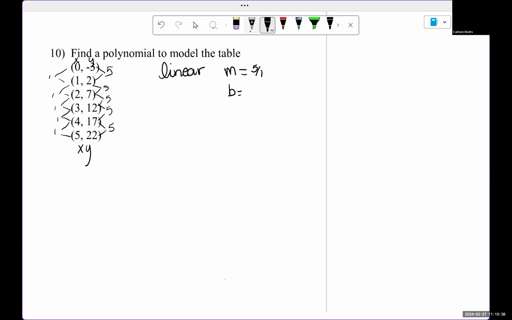Okay, how am I going to find B? Okay, right there, right? The 0 term. The y-intercept happens when x equals 0. So the y-intercept is -3. Y equals 5x minus 3.